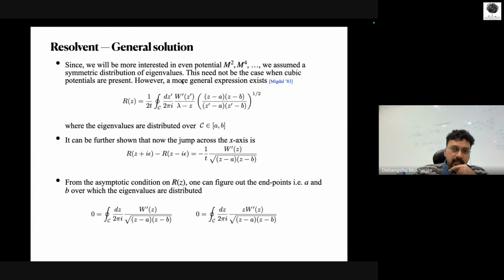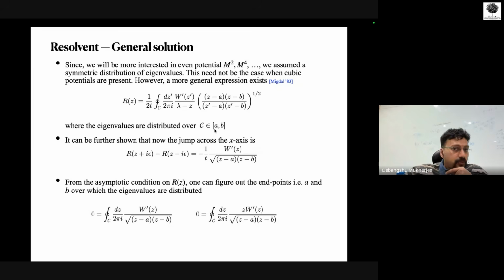Now, given a potential W of z, the most general expression that you can think of, as given by Migdal, for the resolvent is given by this. As a matter of fact, a priori you do not even need to assume anything about the eigenvalue distribution interval curly C. Let this be, but it has to be at least compact.